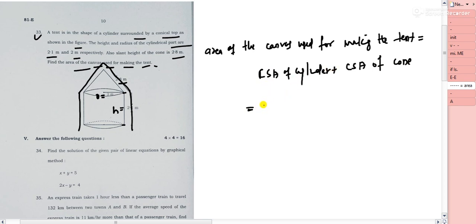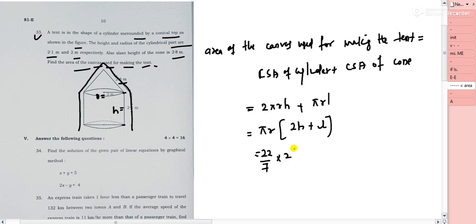Okay, so what will this become? CSA of cylinder, the formula is 2 pi RH, right? 2 pi RH plus CSA of cone is just pi RL. In both of the cases radius is same, so I can take pi and R out. This is 2h plus L. So pi is 22 by 7 into, what is R?